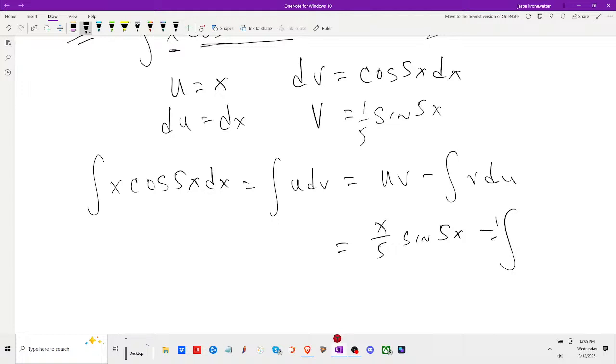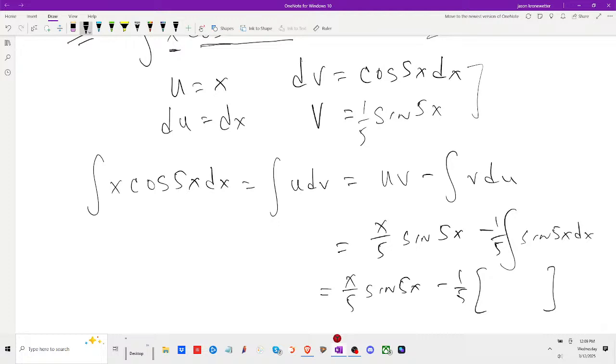So that'll be 1/5, and then I have sine 5x dx. Okay, now let's integrate that. This one doesn't need any more integration. This one's done.